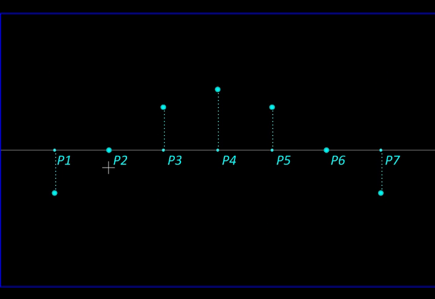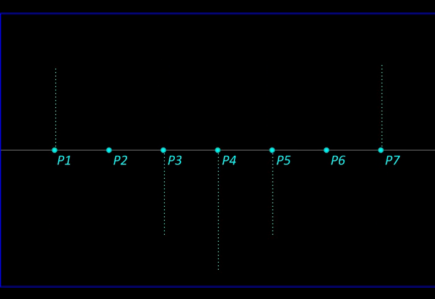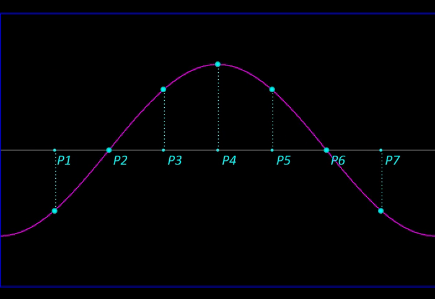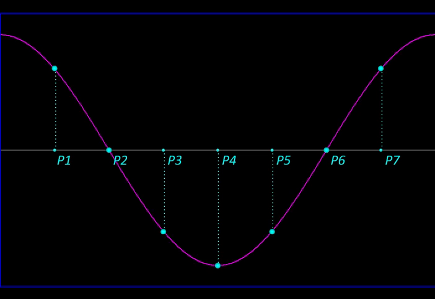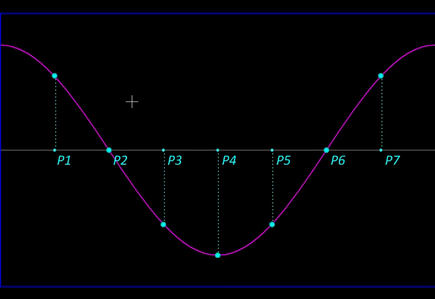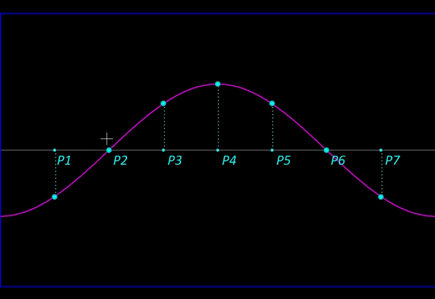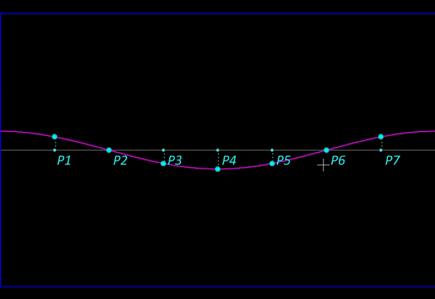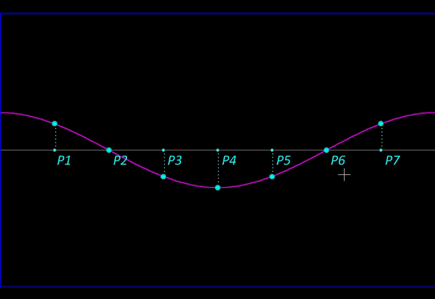And if we connect these particles by a smooth curve, which is nothing but the shape our medium or our string would assume, then this is what we would see. So our string is going to oscillate in this manner. You would notice that particles like P2 and P6 are not oscillating at all.